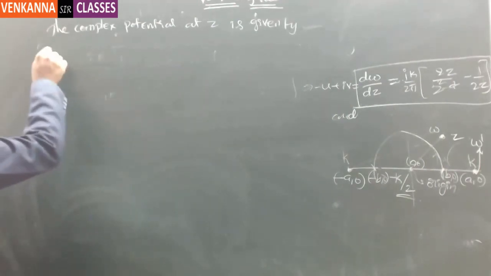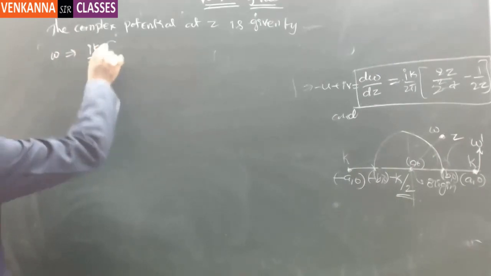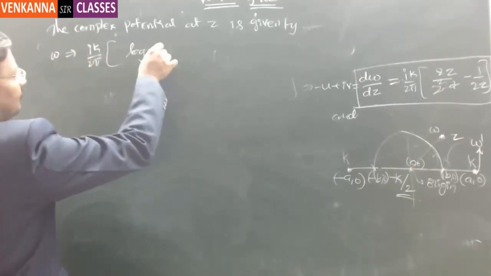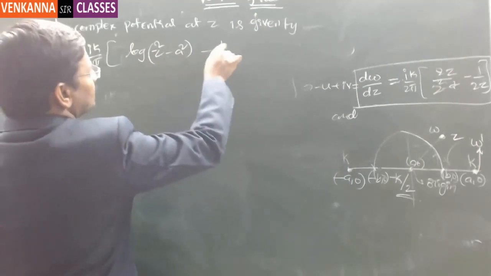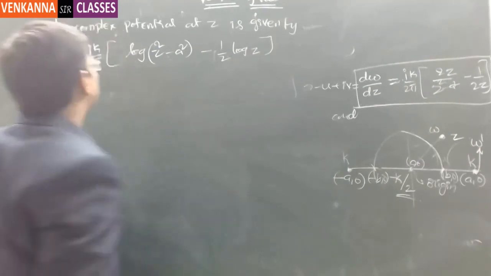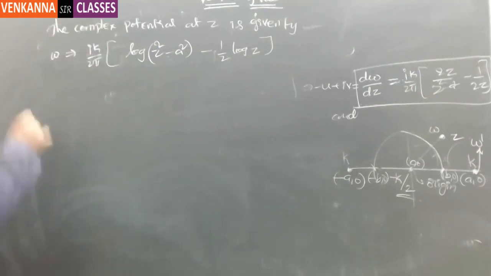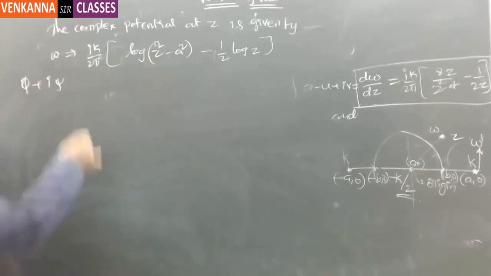Then the complex potential W is equal to ik by 2 pi times of log of z square minus a square, minus 1 by 2 times of log z. Now this is nothing but the complex potential, which you can express as phi plus i psi.